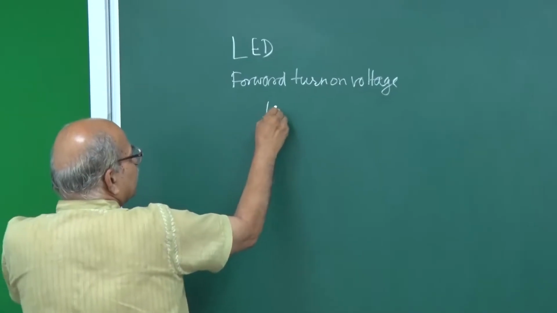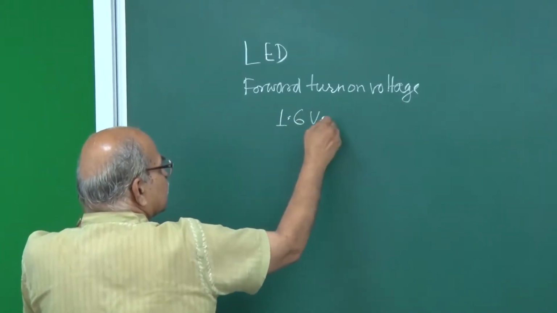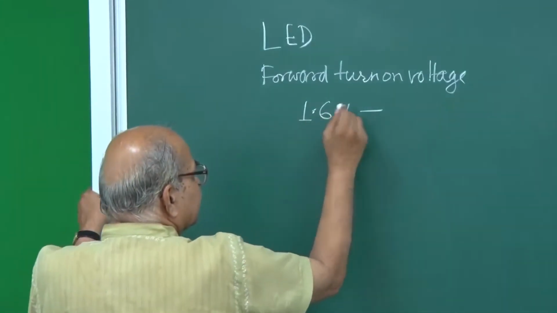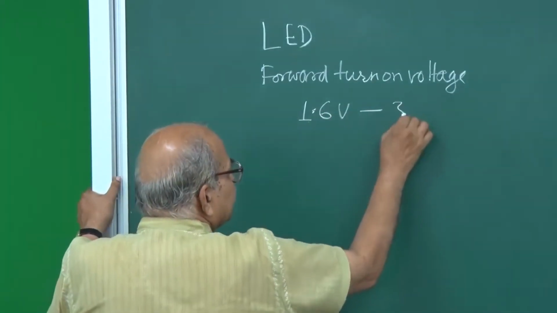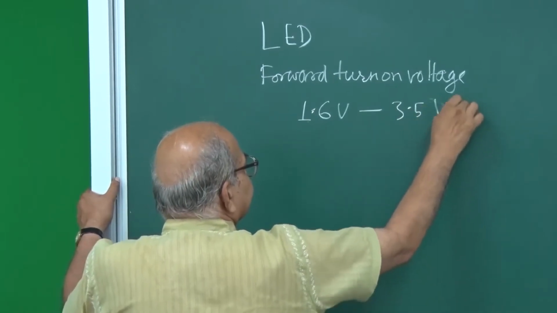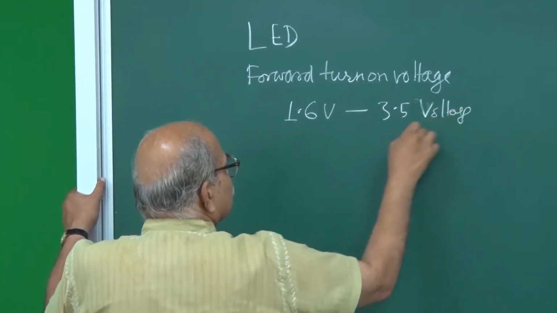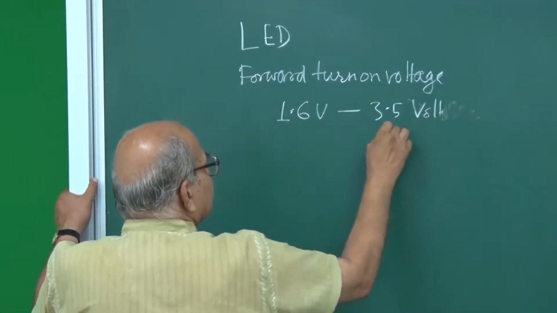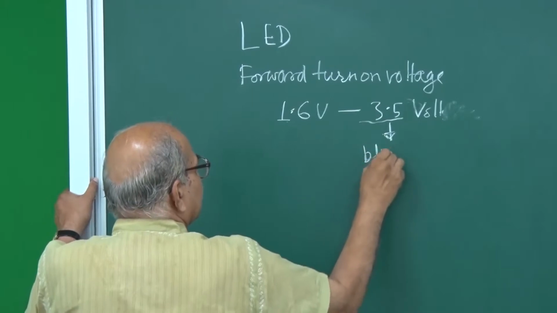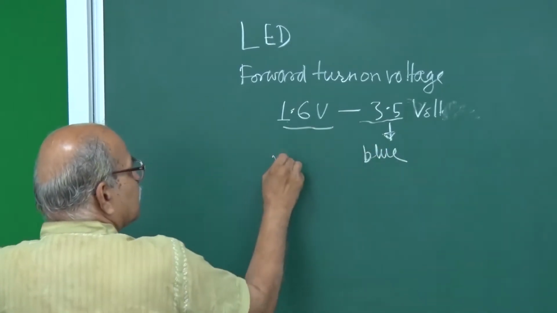It could be somewhere around 1.6 volt for the longer wavelength, and maybe some 3.5 volts for the shorter wavelengths. So, this range will correspond to blue, and this range will correspond to red.